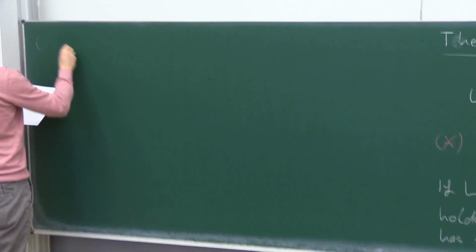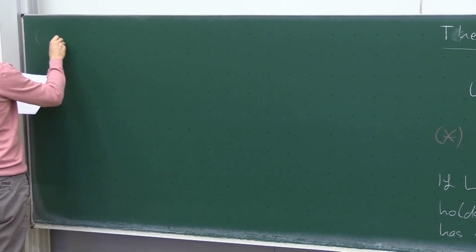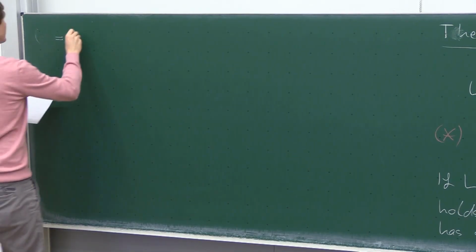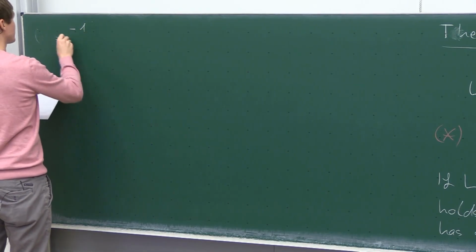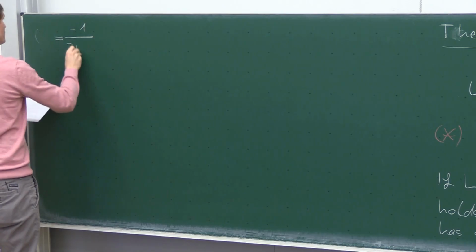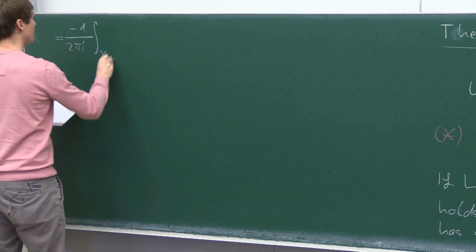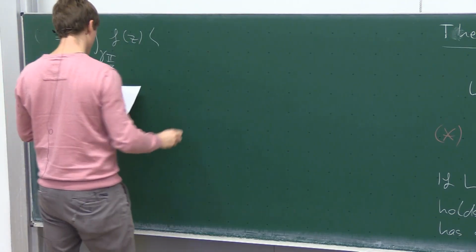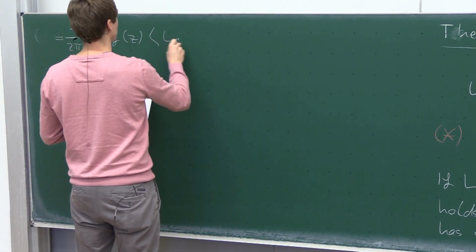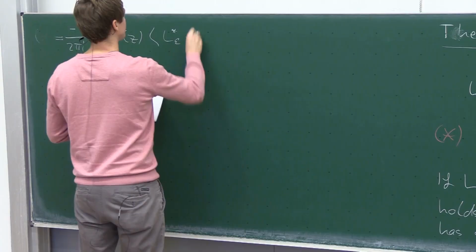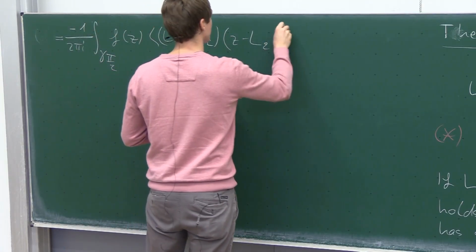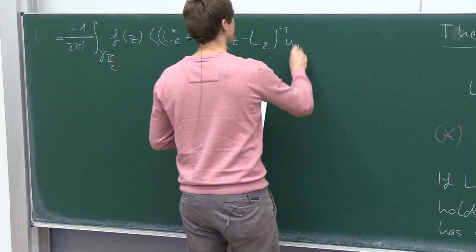So this quantity there coincides with, I don't take in the parameterization of the path yet, minus 1 over 2 pi i. We integrate over gamma pi over 2 the function f of z times the inner product of the resolvent of L epsilon, (L epsilon star plus L epsilon times z minus L epsilon), applied to u.